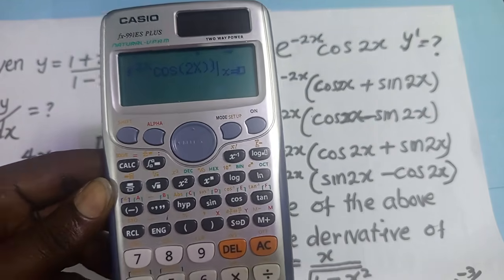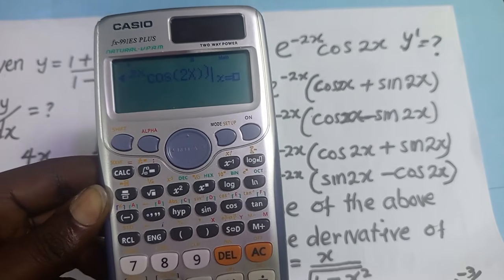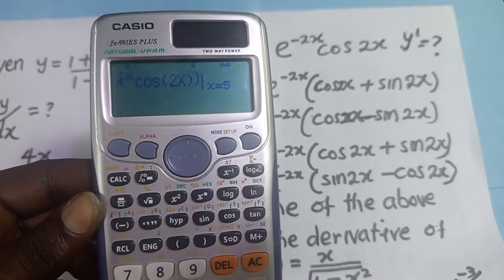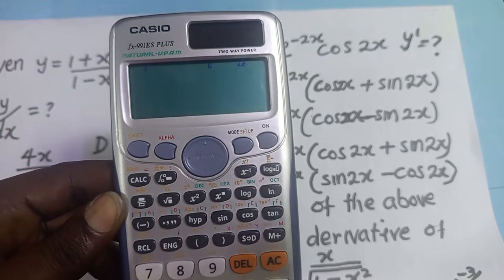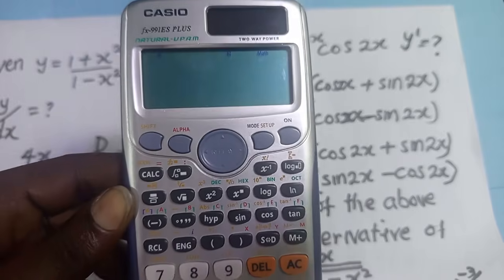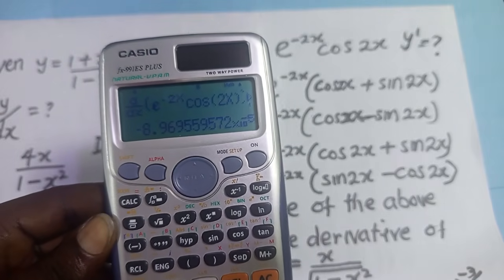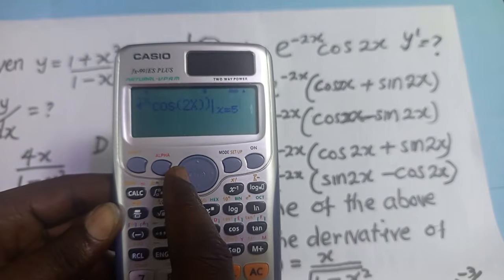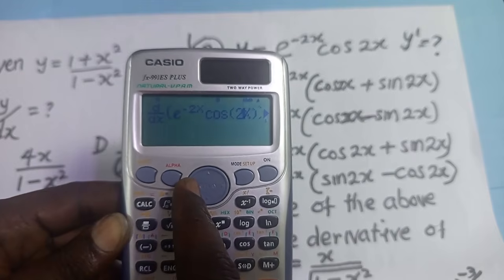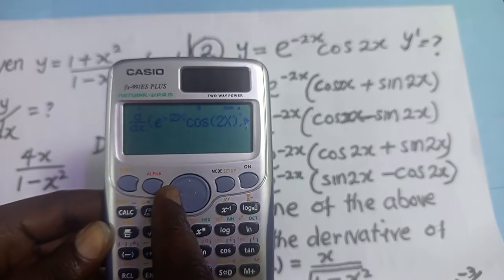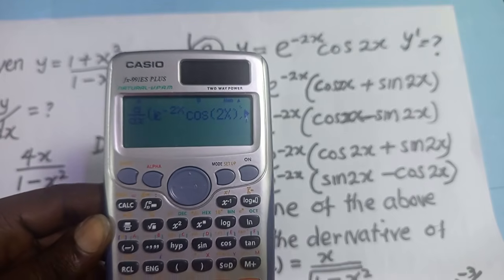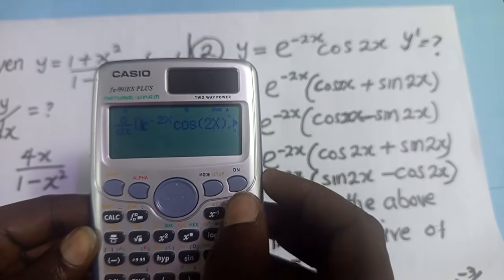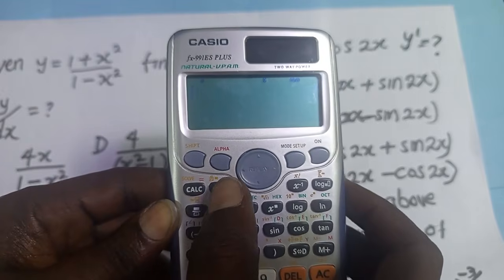So what values can we use? Let's use 5. Don't use just any value, you are going to have a math error. Now, let's check very well. Let's start again to confirm it.